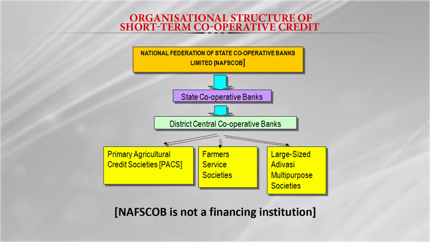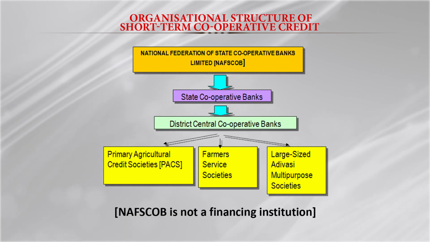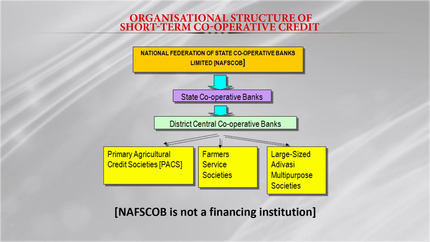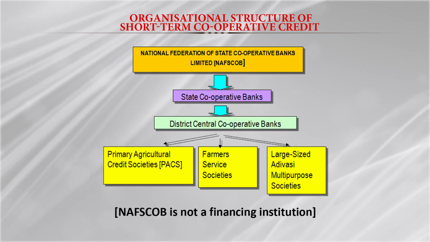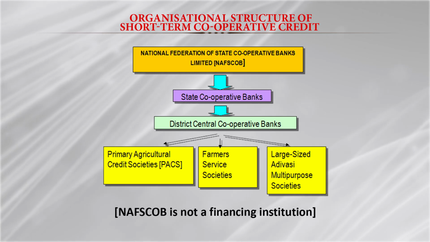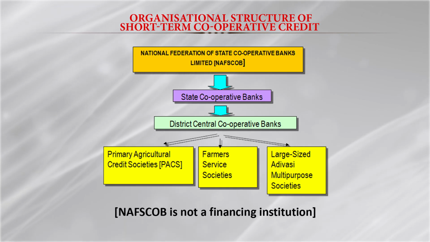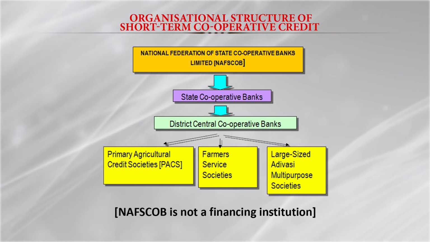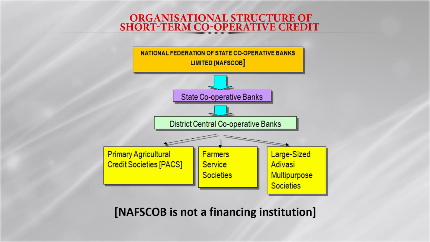So basically state cooperative banks are their members, and they monitor their activity, guide them, and provide different types of institutional support to them. They also liaise with NABARD, with the government and different types of institutions for the promotion of the cooperative credit structure in the country.